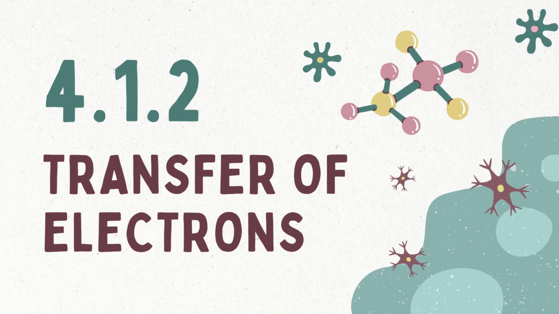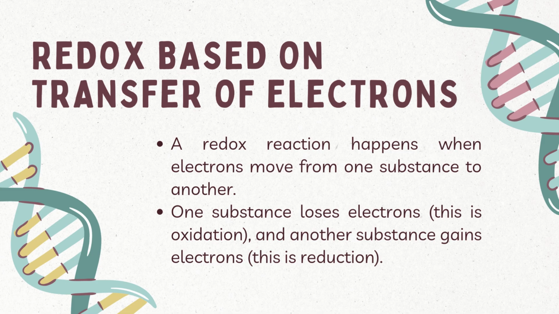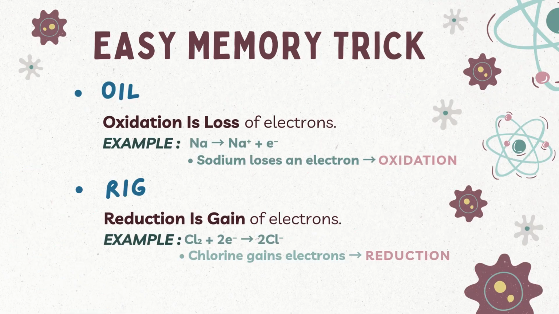Transfer of electrons. A redox reaction happens when electrons are transferred from one substance to another. In this process, oxidation occurs when a substance loses electrons, while reduction occurs when a substance gains electrons. A simple way to remember this is by OIL RIG: oxidation is loss of electrons and reduction is gain of electrons.